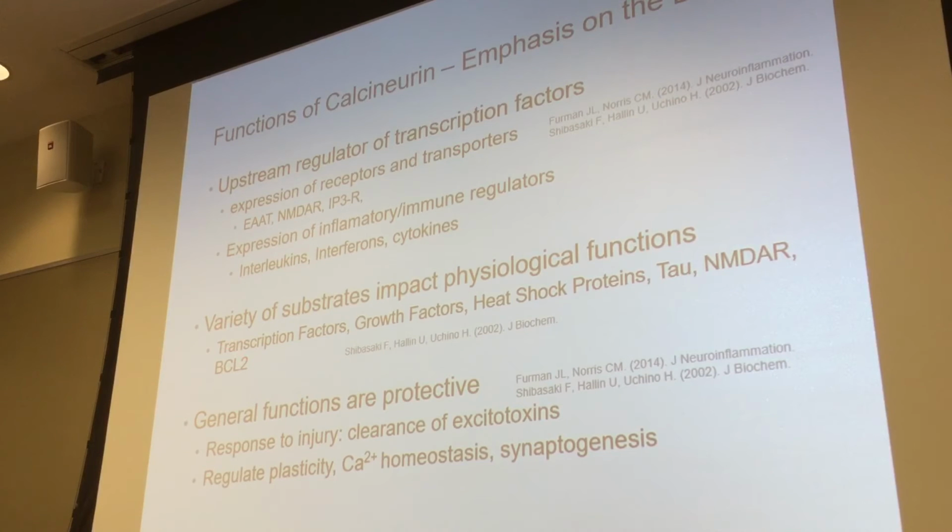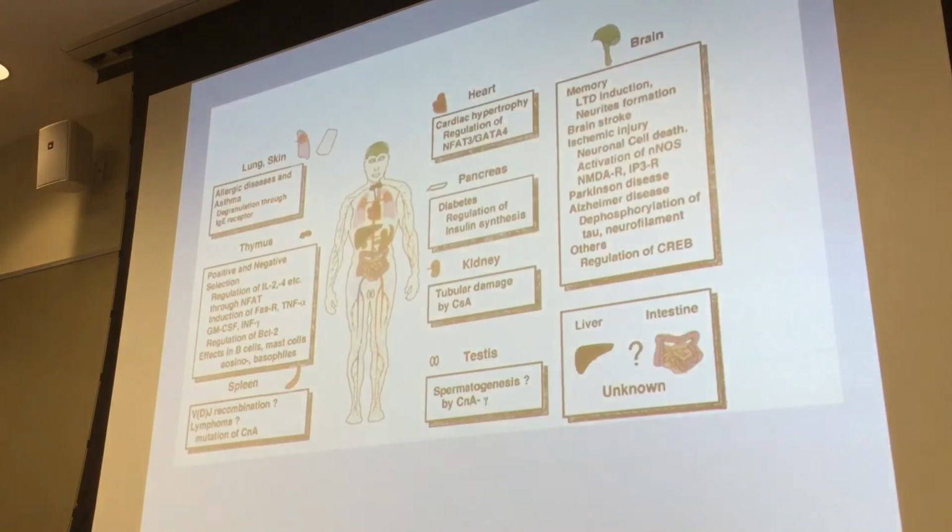We also see that in other areas of the body we have interleukins, interferons, cytokines that can be regulated. Our substrates, growth factors, heat shock proteins, tau, the NMDA receptor itself, are all likely substrates. In the rest of the body, there are many substrates in the thymus to regulate through interleukins.